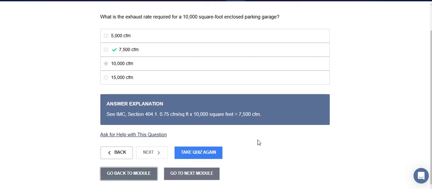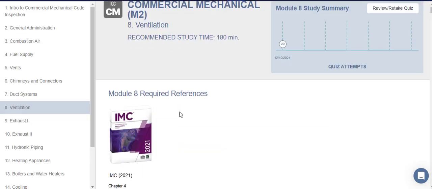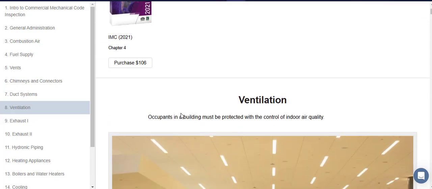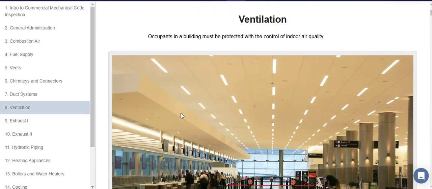Okay, so here we studied the ventilation system in the International Mechanical Code.